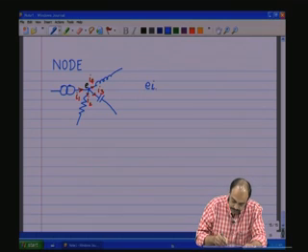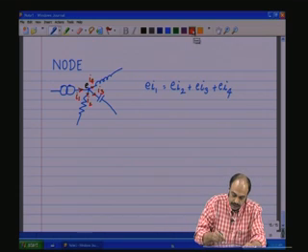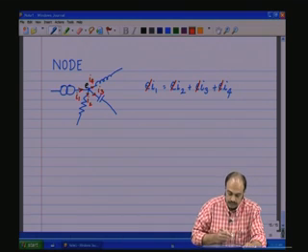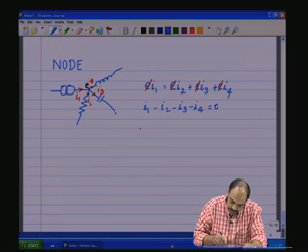E into I1 equals E into I2 plus E into I3 plus E into I4, E being the same, as they all share the same potential, same voltages. We have I1 minus I2 minus I3 minus I4 equal to 0, or in other words, sigma over all k of I_k is equal to 0.